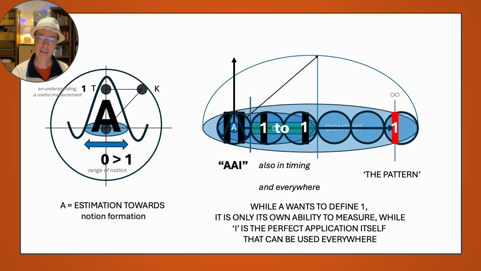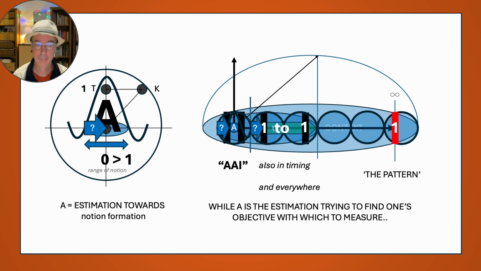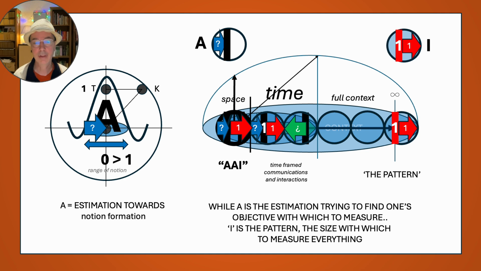So while A wants to define one, of course it uses this only with its own ability, while the I itself is the perfect application that can be used everywhere. So the range from A is actually an estimation from 0 to 1, while I is actually the rest factor until I can see the real border, the estimation with which to calculate all the patterns.